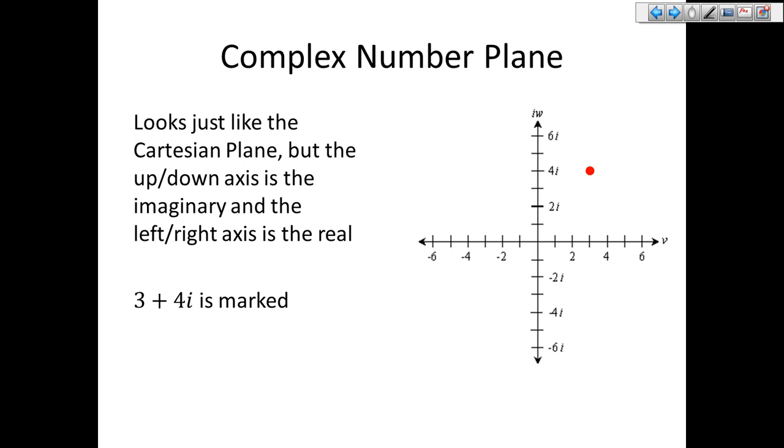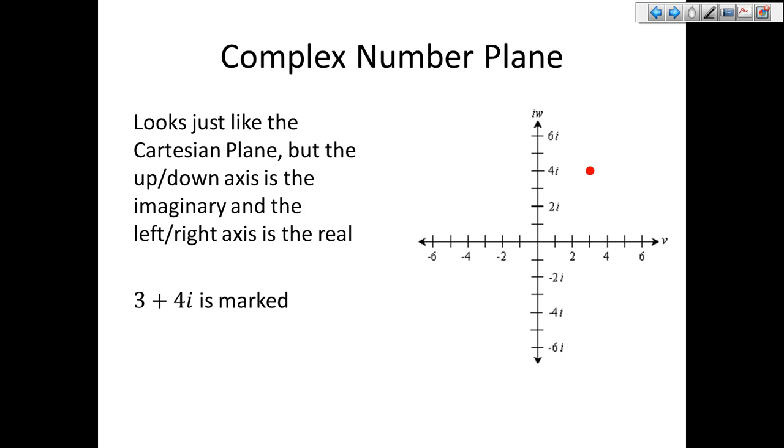So if we want to quote-unquote plot an imaginary number, a complex number, we move horizontally the real number. So we would move horizontally 3 and then move vertically for the imaginary number. So the point 3, 4, we move over 3 and up 4, and here is the point 3 plus 4i plotted in our complex number plane.